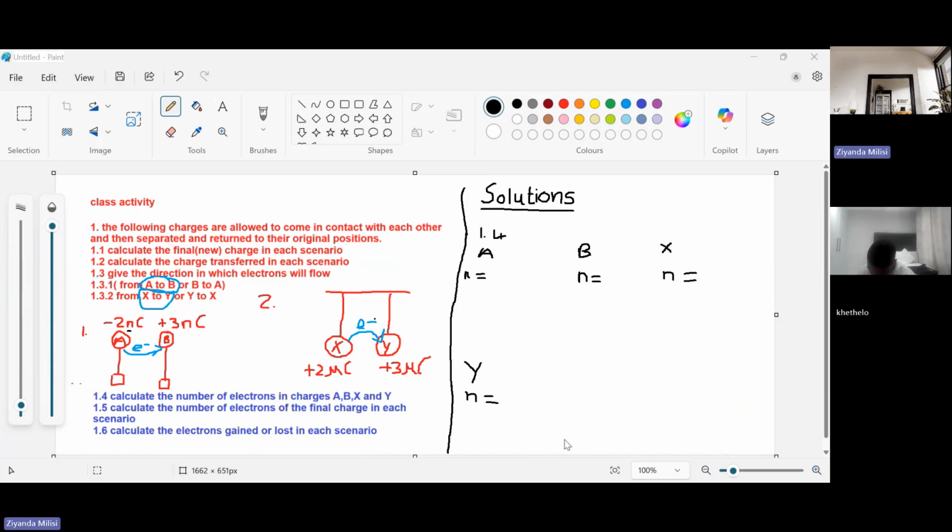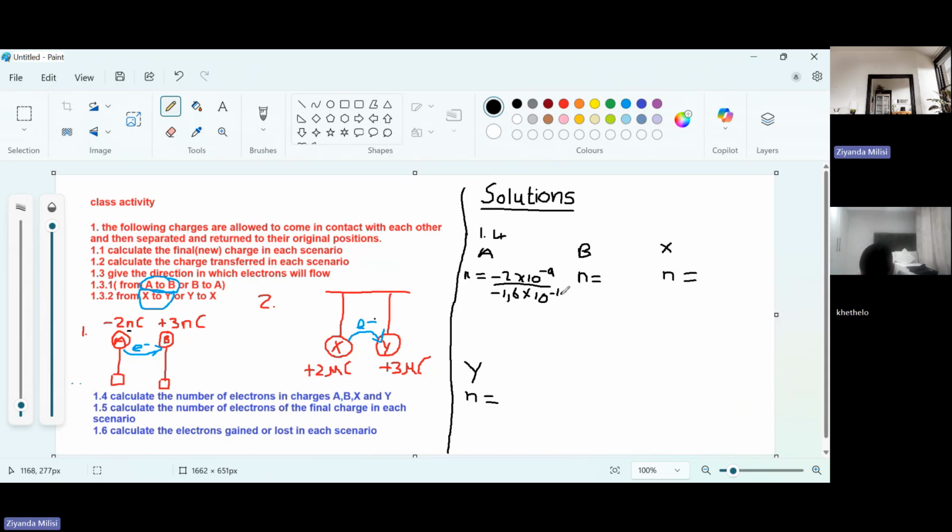All right, let's do it quickly together. The first one, A, is -2 times 10 to the power -9 divided by -1.6 times 10 to the power -19.